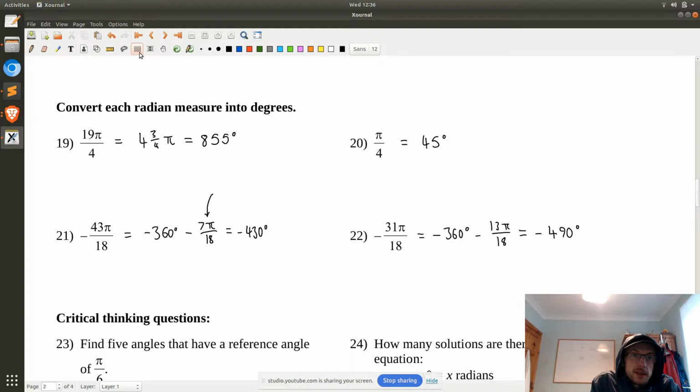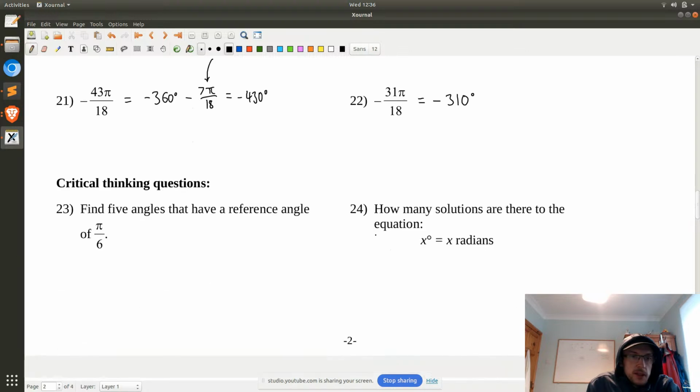So fix it. Okay, I recognize the error. So that would be negative 310. Okay, and that's all good.